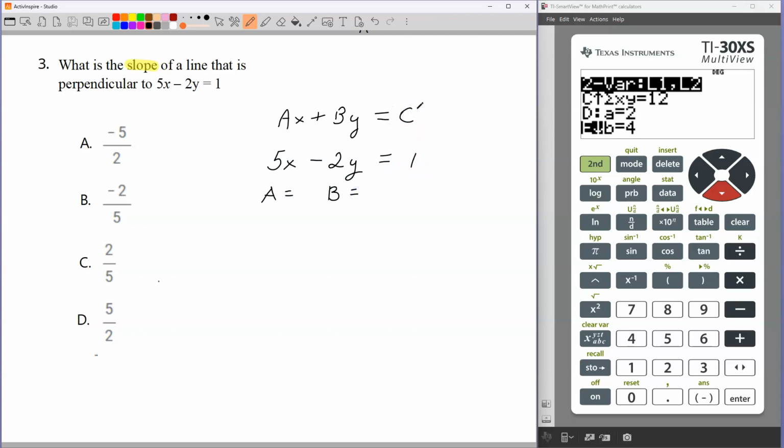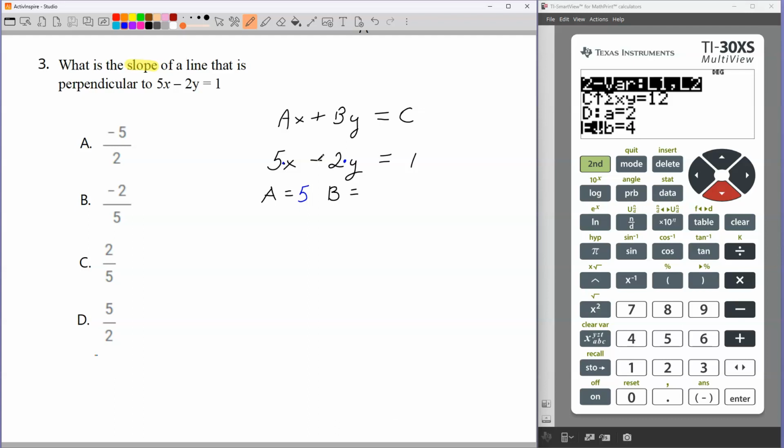The A is whatever the x is multiplied by when it's written in this form. So the x is multiplied by 5, so A is 5. The B is whatever the y is multiplied by, and the y is multiplied by -2. I'm going to look at this now as -2.